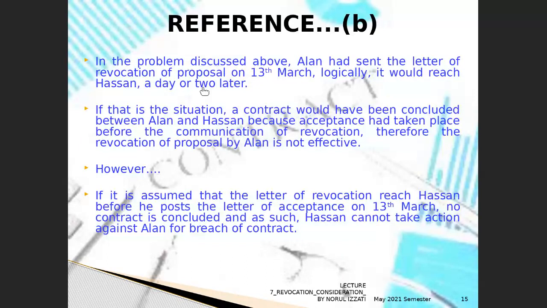Reflecting back to the issues that we have learned before in topics 1 and 2, offer and acceptance: in order for you to answer this question, it is not only referring to the revocation, but you have to check whether the acceptance clause has been identified, whether the revocation clause has been identified, what is the postal rule, and how the acceptance is being made. So that will be the end of the discussion for revocation of offer and acceptance.